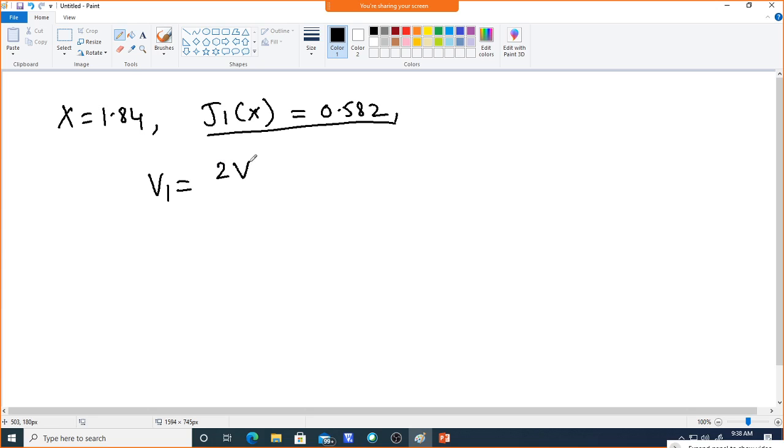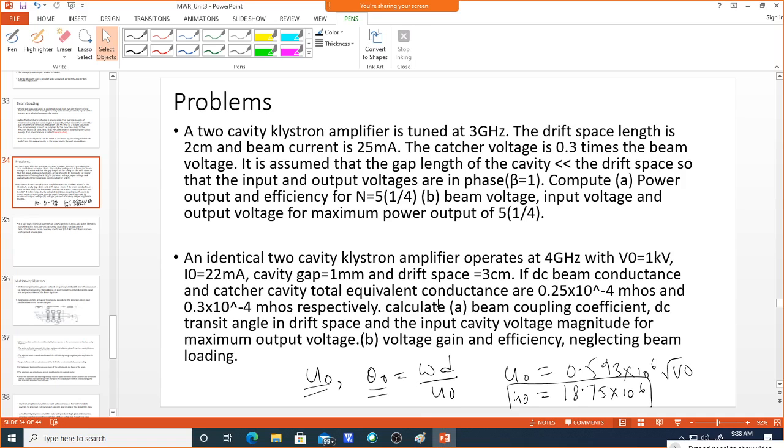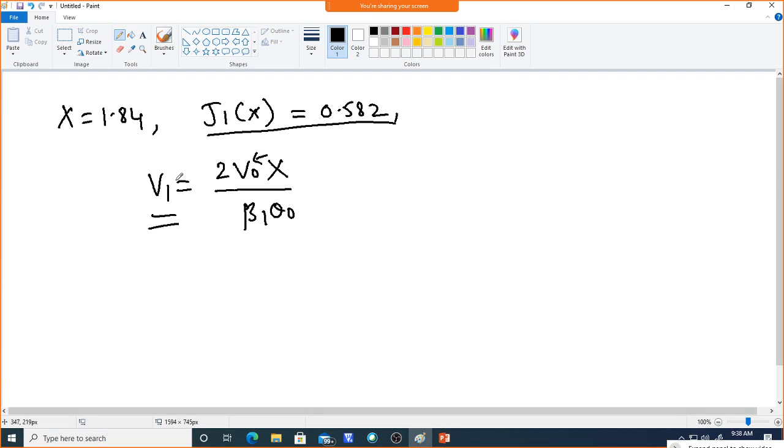The expression is V1 equals 2 V naught into x divided by beta 1 into theta naught. We have calculated the beam coupling coefficient and the DC transit angle, and we know the beam voltage and bunching parameter. Calculate the value of V1, the input cavity voltage for maximum output voltage, when x is this value.